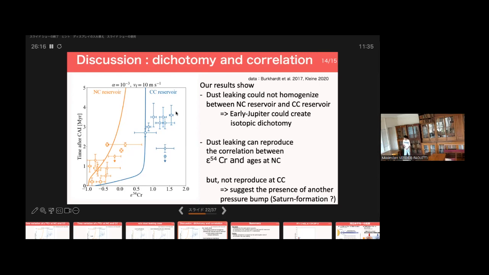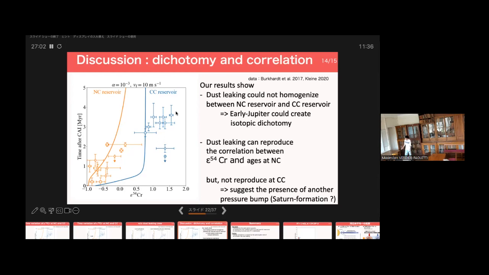One possibility to explain this is the formation of another pressure bump. If there is another pressure bump outside of Jupiter, the dust particles leak from the other pressure bump and contaminate the CC reservoir. So in that case, the chromium value increases with time for several million years or by something like this mechanism.